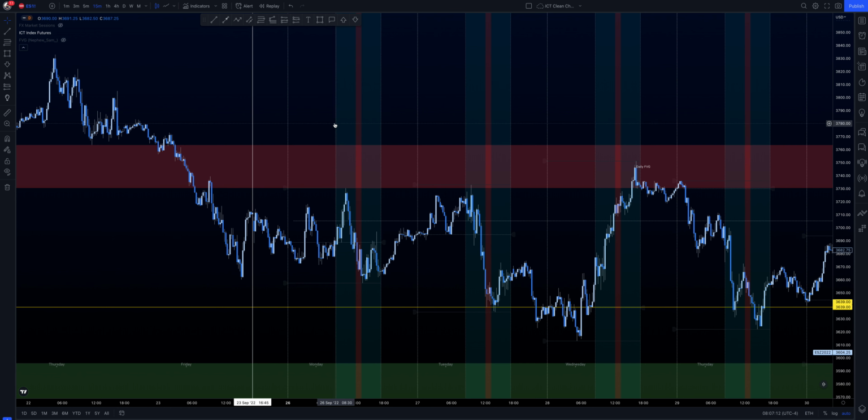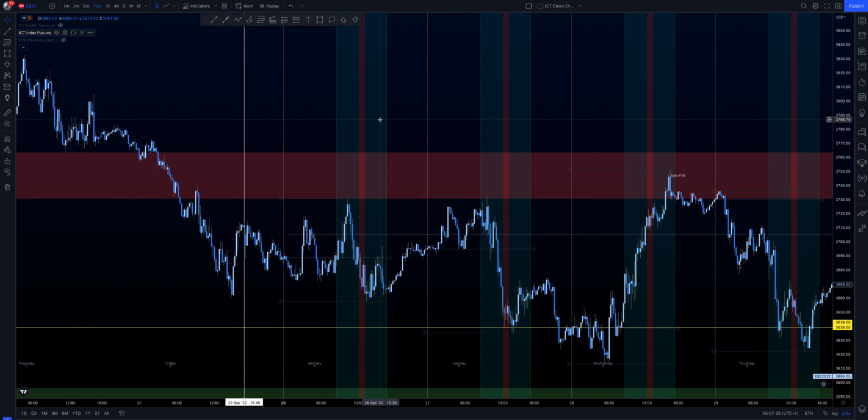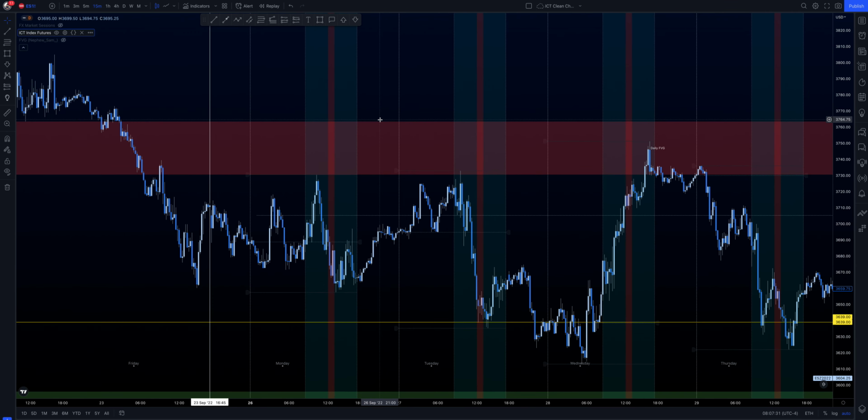And then I've got the morning session mapped out in blue here, with the lunch no trade hour in red, and then the afternoon trading session here. So this is the New York trading session split up into the morning and the afternoon. And you should already be au fait with the time, so I won't go into any more detail there.